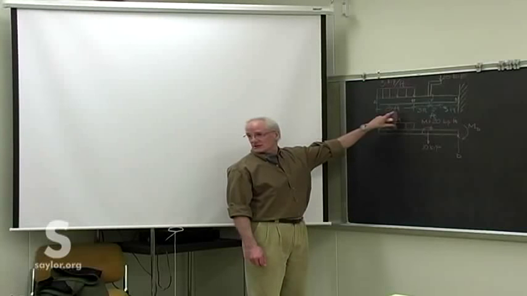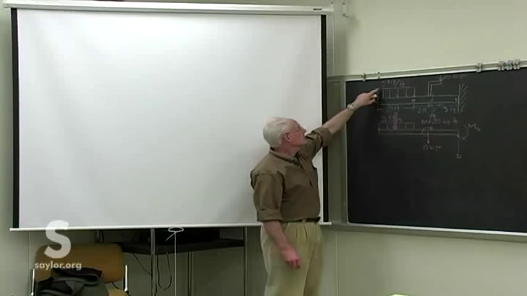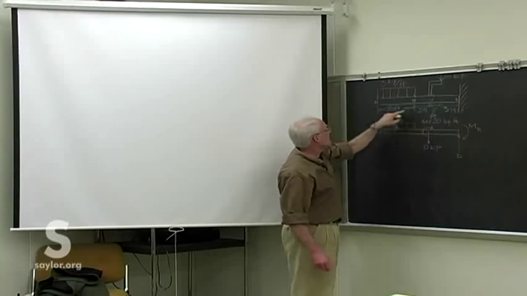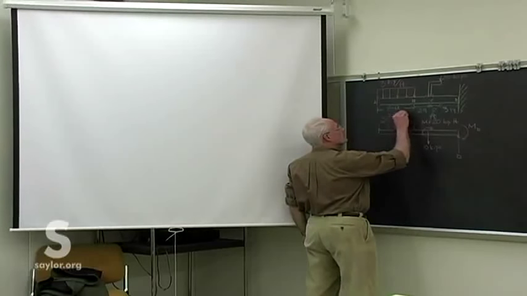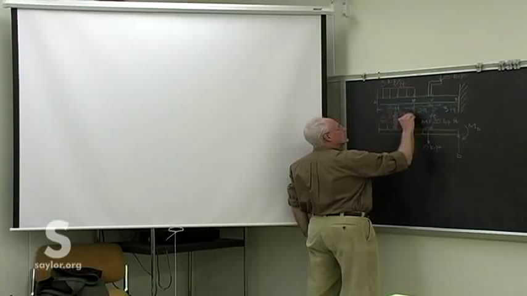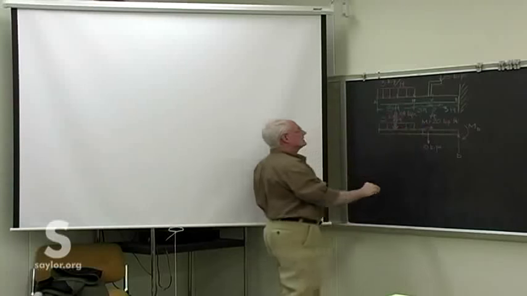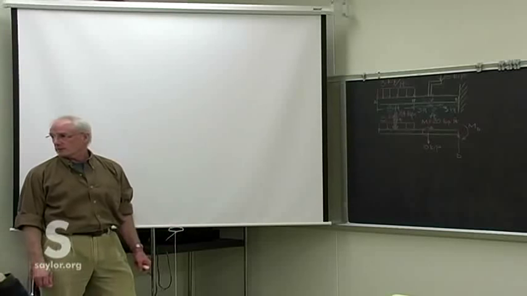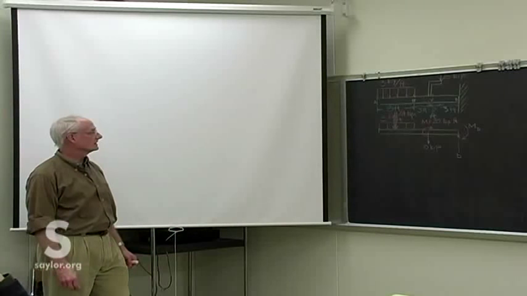Remember, the magnitude of this is the area under the load curve, so it's 3 kips per foot times 8 feet. So that's an equivalent of 24 kips. That's only for the purposes of finding the reaction.